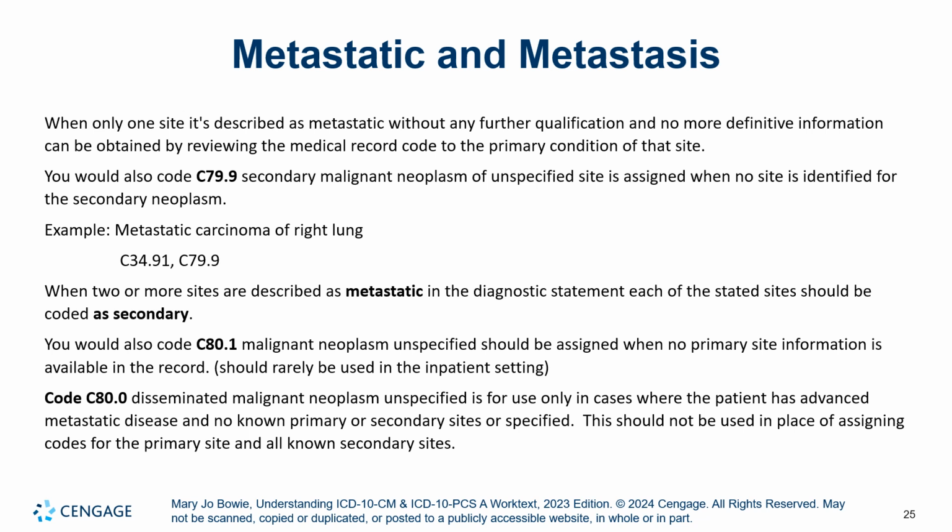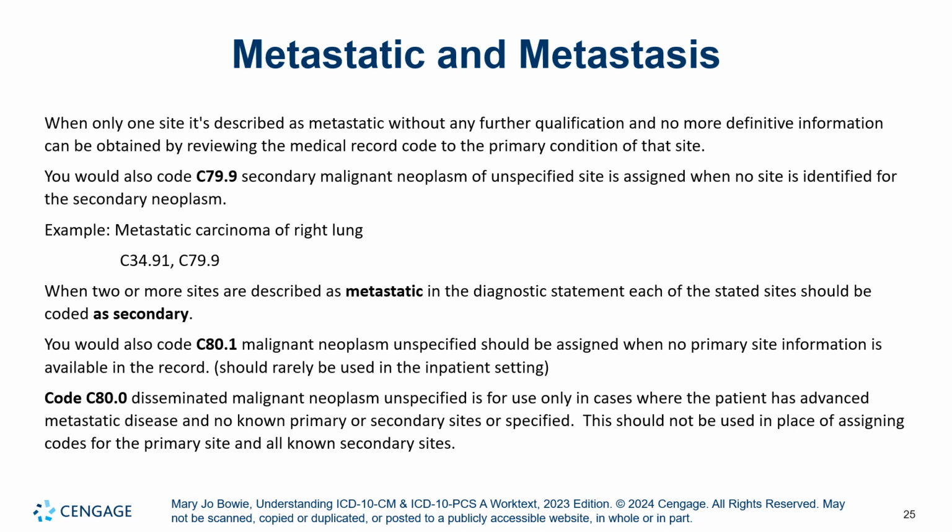When two or more sites are described as metastatic in the diagnosis statement, each of the stated sites should be coded as secondary. You would also code C80.1, malignant neoplasm unspecified, which should be assigned when no primary site information is available in the record.